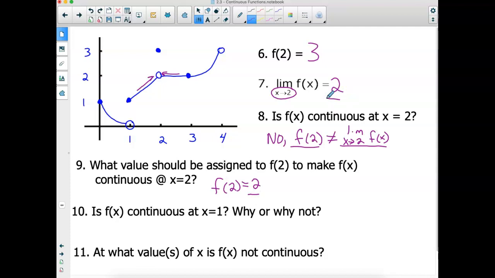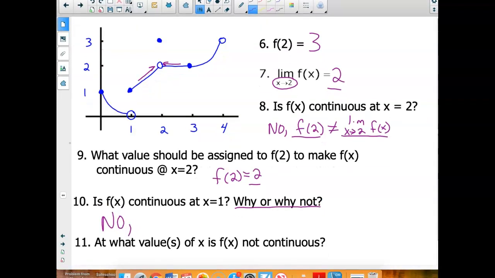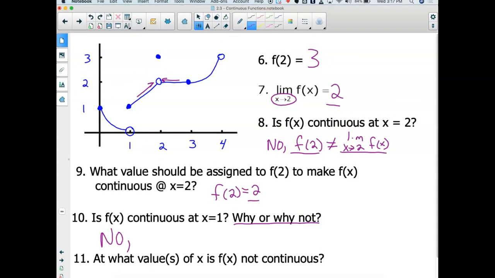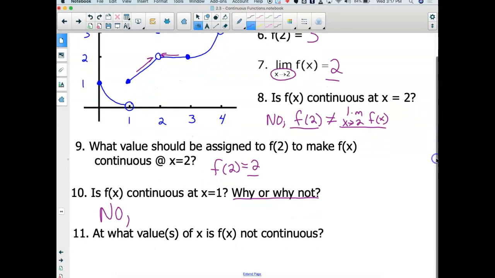Is f of x continuous at x equals 1? Why or why not? Justify your reasoning. No, it's not. Why not?